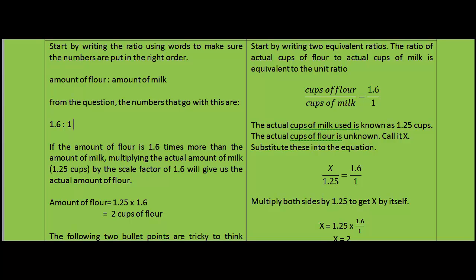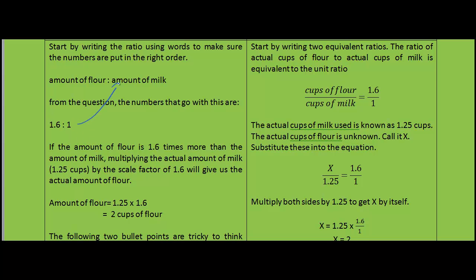Imagine we just started with 1 cup of milk. If we wanted to end up using 1.25 cups of milk, we would need to multiply by 1.25. Now we know that if we do that to one side of the ratio, we need to multiply by 1.25 on the other side of the ratio. We can see then that the amount of flour is given by 1.25 times 1.6, which gives us 2 cups of flour.